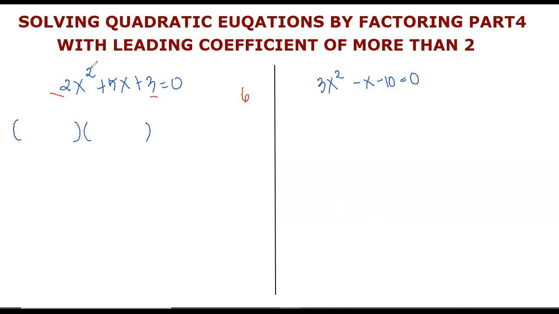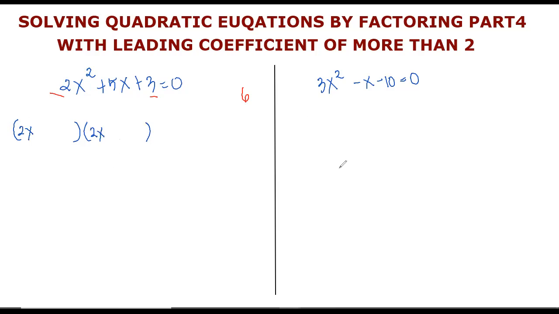Don't mind the exponent for now. What we will do is copy the first term, not the exponent. So 2x, let's copy it first. This is not yet our final answer.